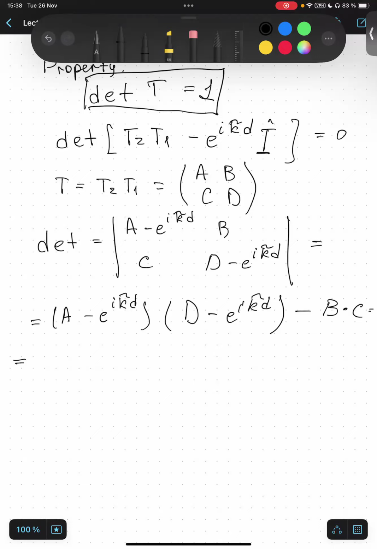So here we just open the brackets and obtain AD minus BC. And the third part, just e to the i k d times A plus D. And also e to the 2 i k d.